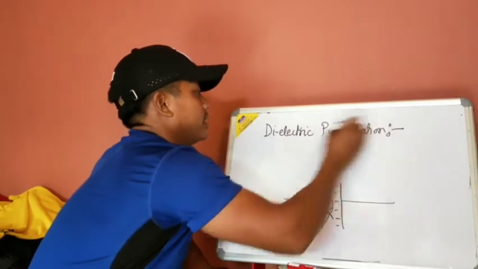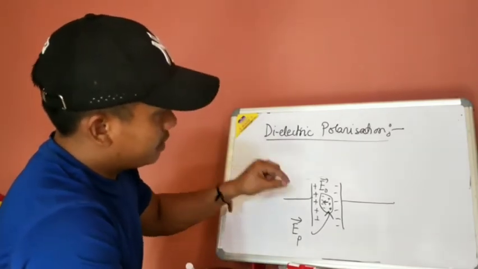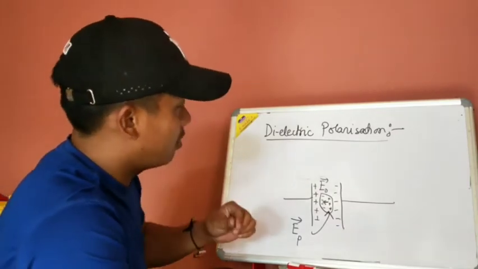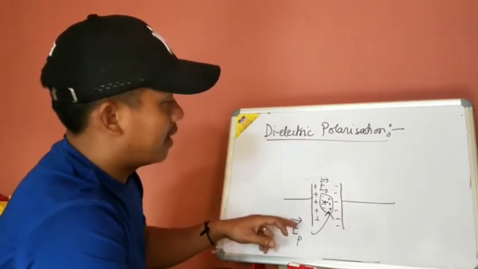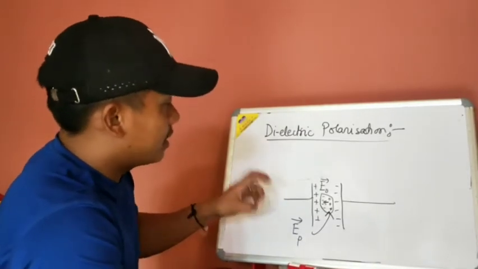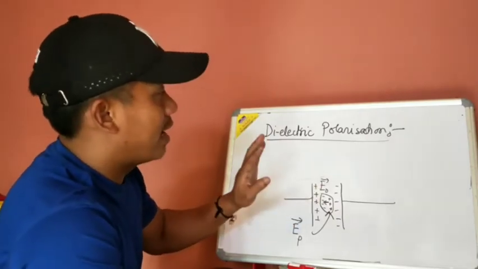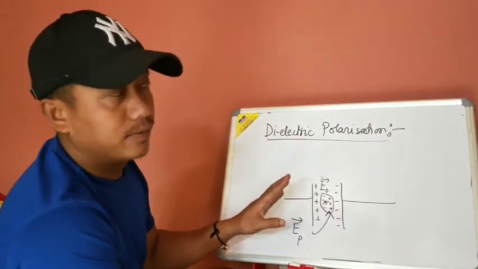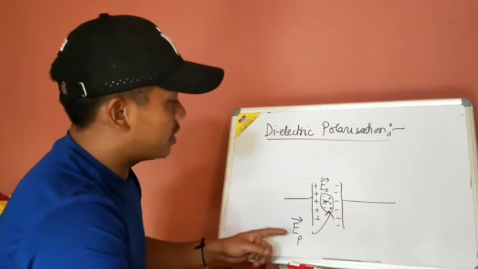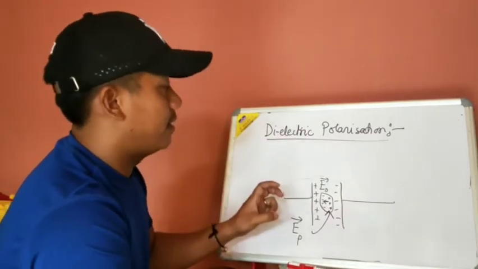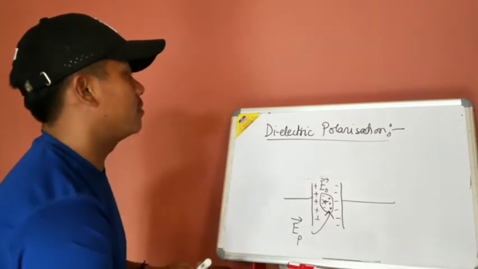Let me define it properly. Dielectric polarization is the process of inducing an electric field in the material when an external electric field is applied. This is what you mean by dielectric polarization.